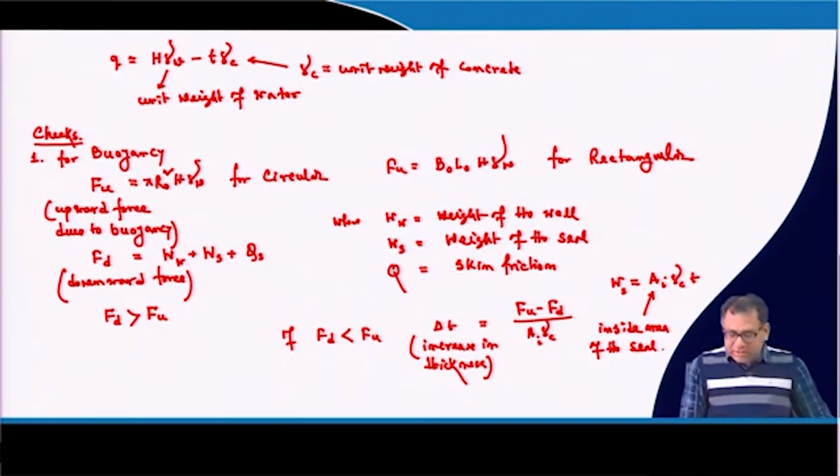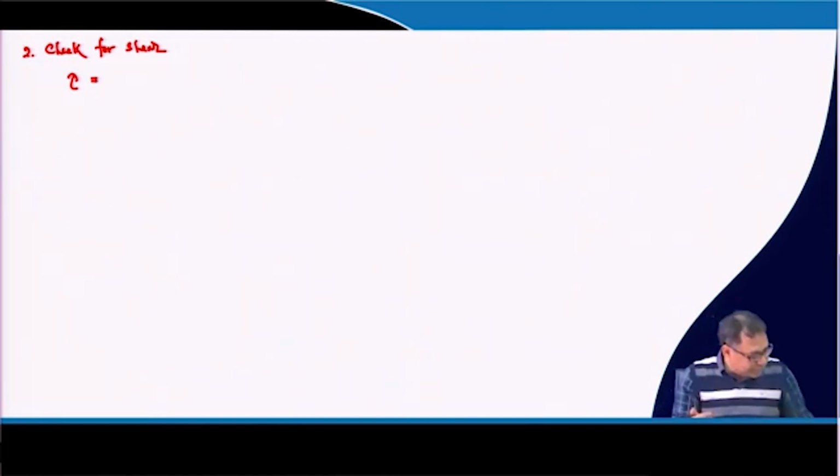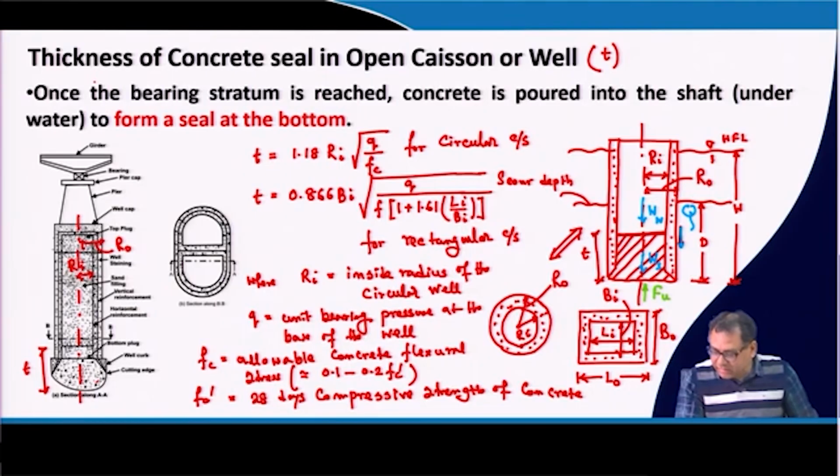Now the next check that we have to do is check for shear. What is that? That the shear stress that will develop, because there will be a buoyancy force which is acting in the upward direction.